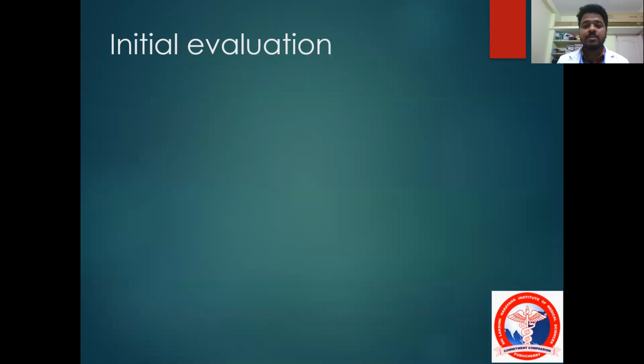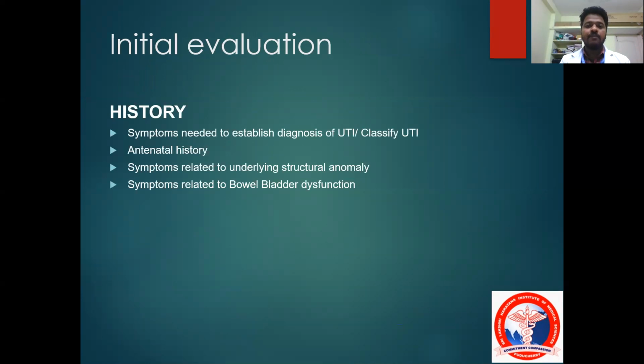So, the initial evaluation which has to be done in these kids. The first thing in the diagnosis of UTI will be history, with which only the kids and the parents come to us. Symptoms are needed to establish the diagnosis of UTI. Already I have discussed the symptoms which we will be able to pick up in a neonate, infant and children. Then we have to classify the UTI based on the symptoms.